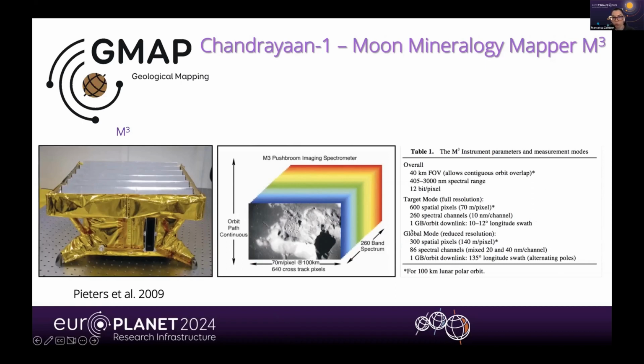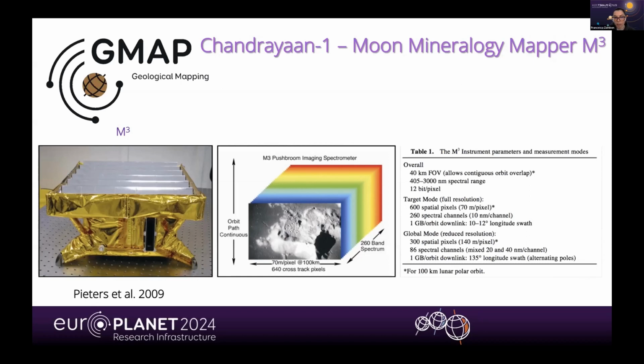In the table, I just put some information regarding the main characteristics of acquisition for the instrument. The instrument covers a range of wavelength between 400 and about 3,000 nanometer, and it has two acquisition modes, the global and the target mode.